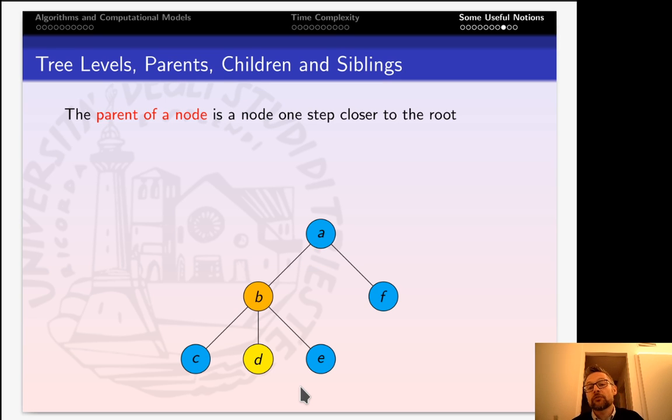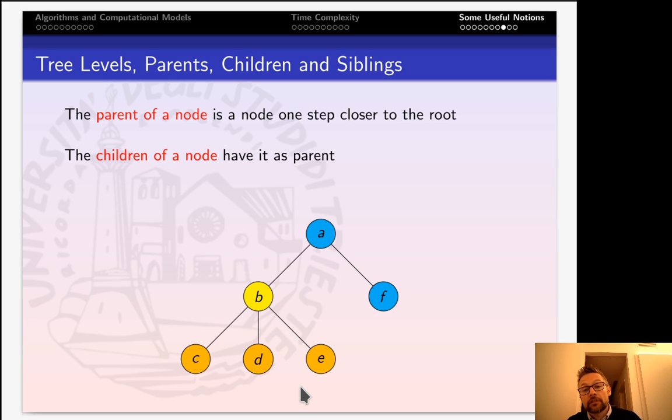Of course, there is just one node which has no parent, and this is the root. Okay? So the root hasn't any parent, because it isn't connected to any node whose depth is smaller than the depth of the root itself. Okay.